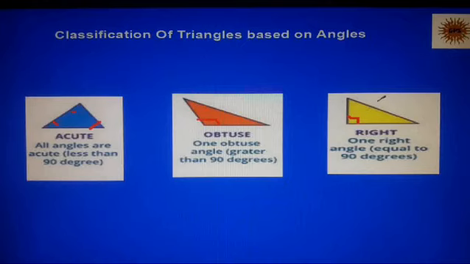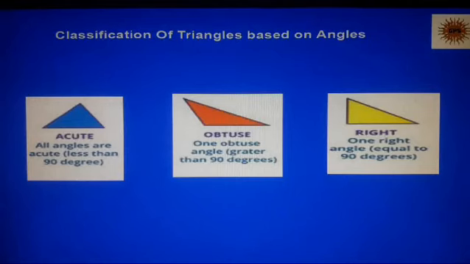And remember that no two angles can be right angles. A triangle can only have one angle of 90 degrees. So this is the classification of triangles on the basis of angles and on the basis of sides.